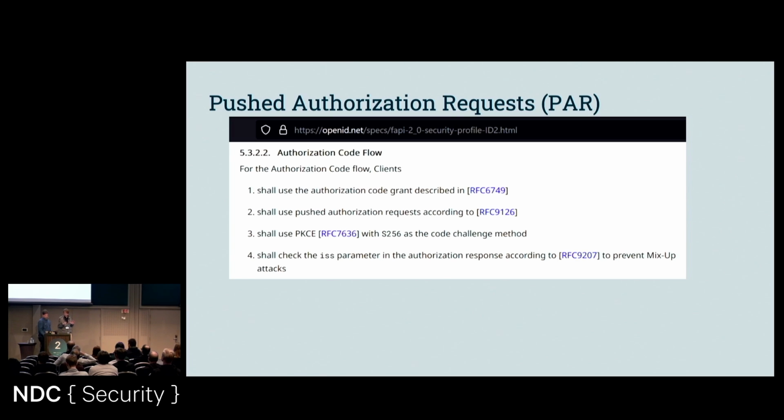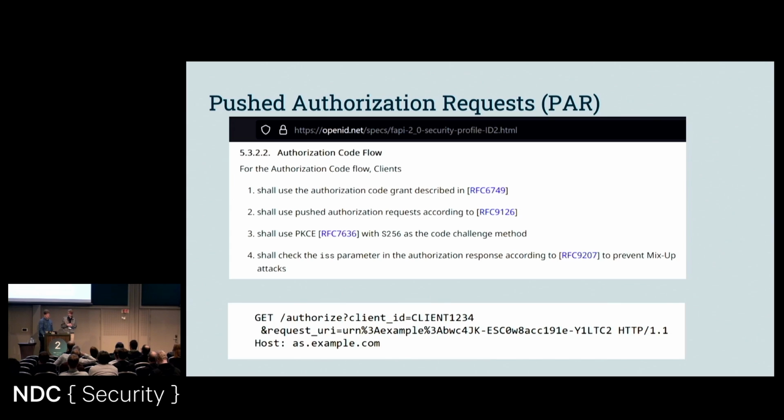We won't explain more here, but if we use PAR, the auth request will look like this. Then we just have the request URI, which references all the parameters in the original auth request. So there's pretty much no parameters for an attacker or malicious user to modify.